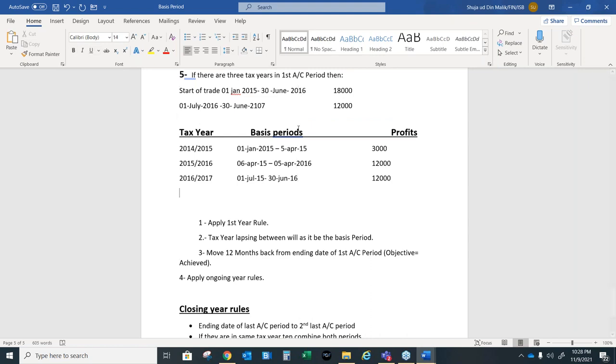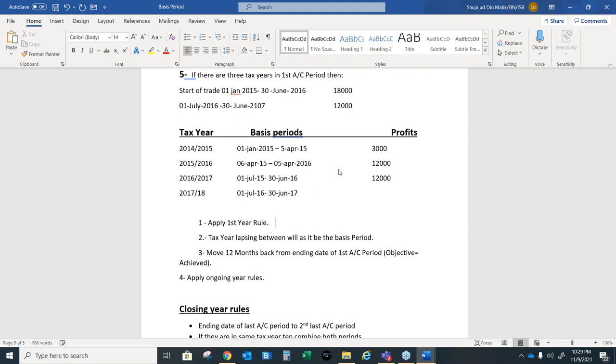Now we will be applying ongoing year rules. What do ongoing year rules say? The accounting period, as stated above, is the basis period. So I will copy it from here and just change the date, the year 16, and this is 17.